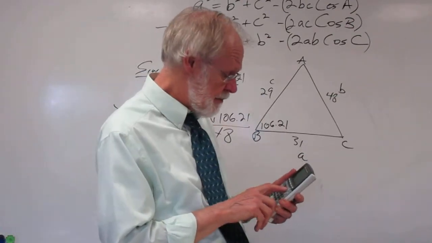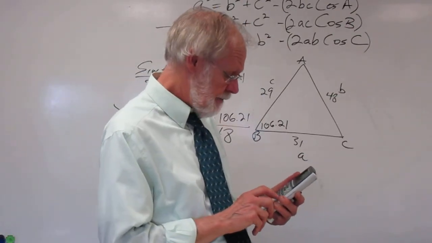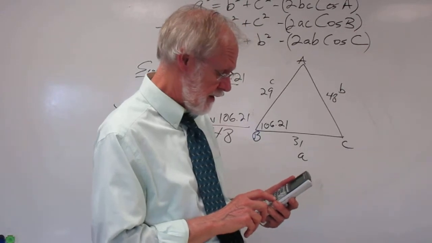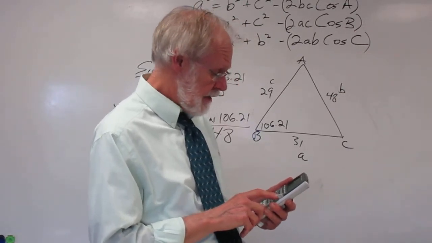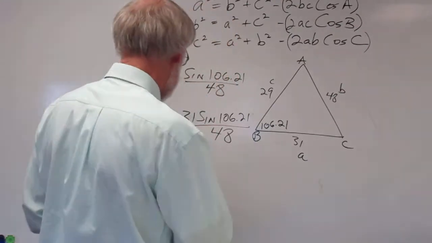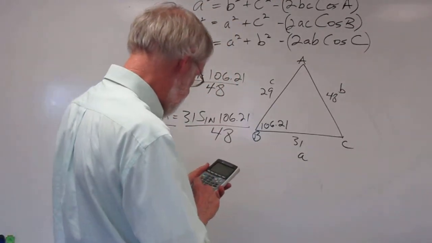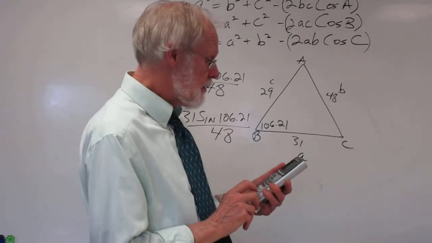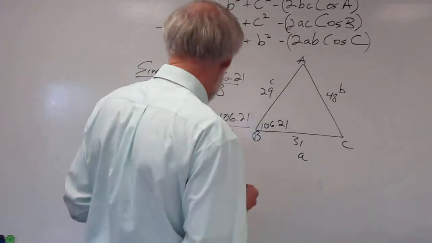Didn't mean that. Let me back up here. Hold on a second. Let me just clear that. So it's divided by 48. Hit the wrong button. Okay, I get 0.6202.